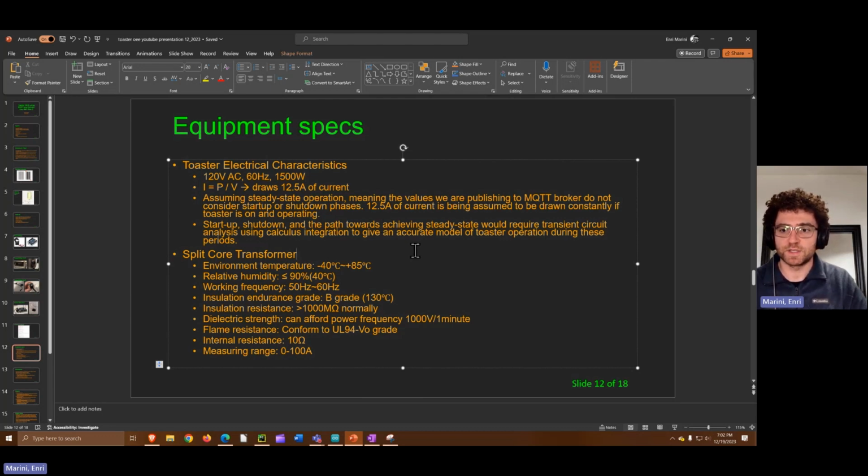And we're assuming a steady state operation, meaning that the values we're publishing do not consider any startup or shutdown phases, because there is actually a ramp up and ramp down period. Similarly, when you start your car engine, when you start a rough pump or any other vacuum pump, and most pieces of machinery really have, you do have to take into account those startup and cold start conditions.